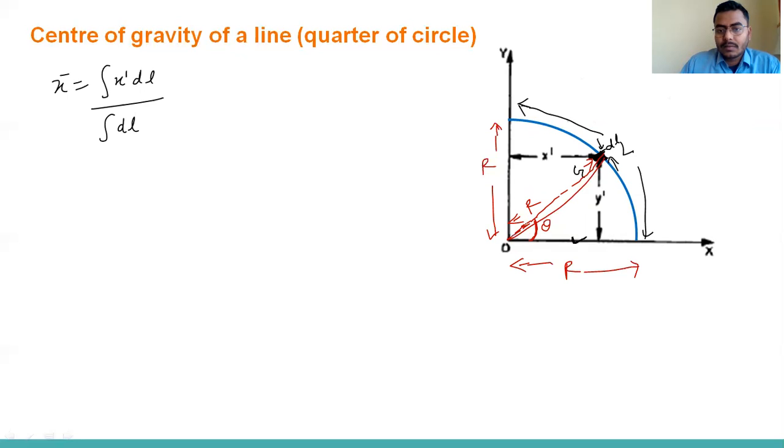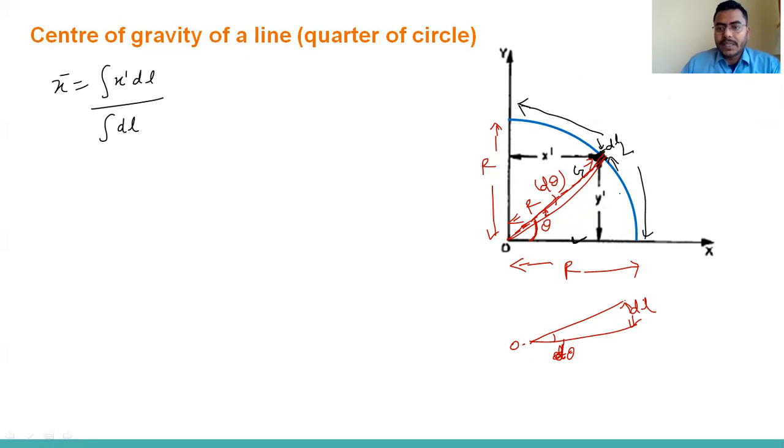So this is the L, and this angle will be small theta, which I'm writing as d theta. By changing d theta, the length will change by a small length dl.